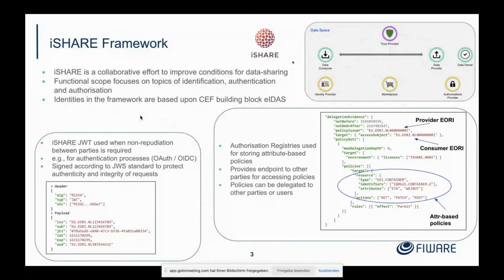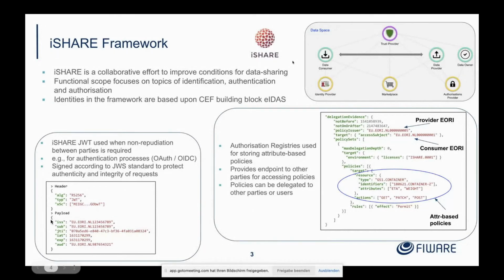In this iSHARE framework, identities are based upon a building block called eIDAS from the European Union. Now, two important concepts from iSHARE which are important for this use case: on the one hand, the JSON Web Tokens, used in any interactions when you need non-repudiation between the different parties, for instance when you have any type of authentication process, maybe based on OAuth or OpenID Connect. iSHARE clearly defines how such JWTs should be signed according to the JWS standard, and supposed to have a specific payload.